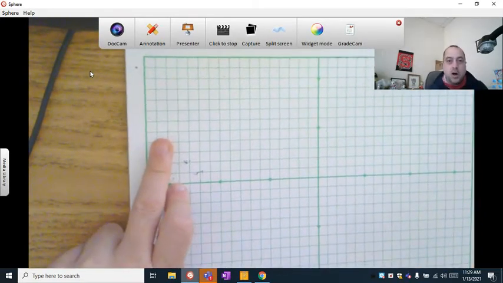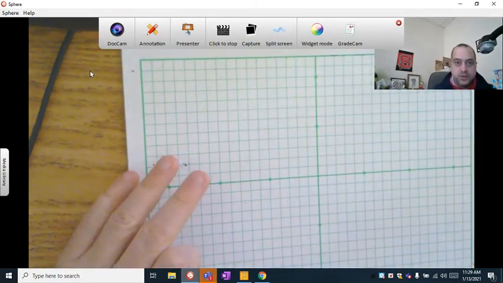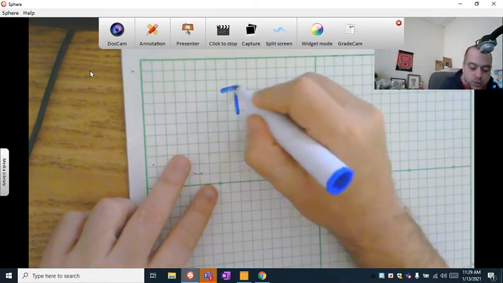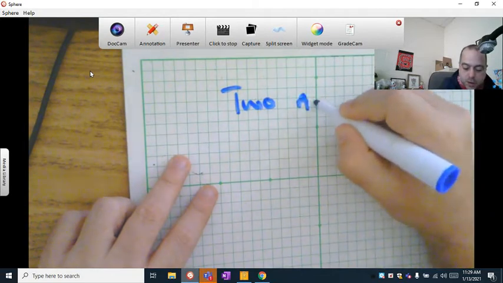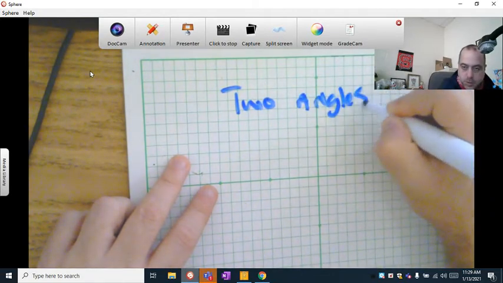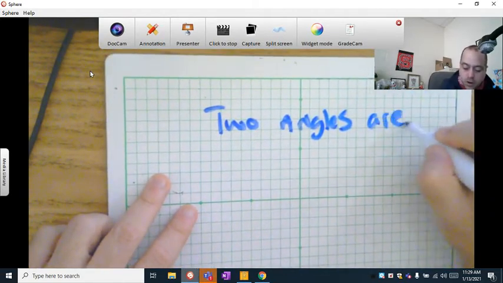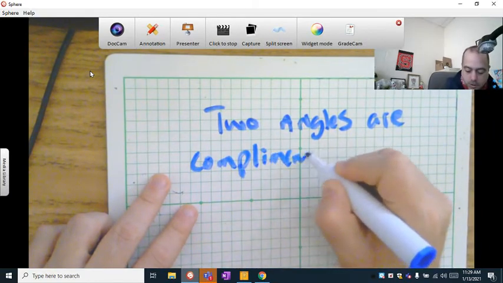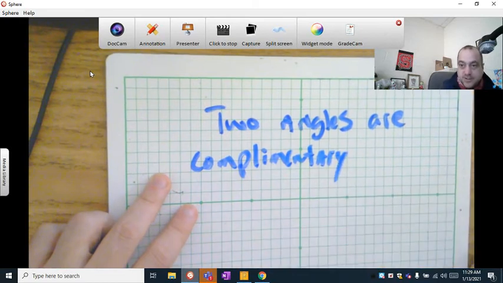I'm not going to draw them. I'm going to do it like a word problem because you'll see those a lot like that. All right, two angles are complementary. Remember, that means their sum is 90.